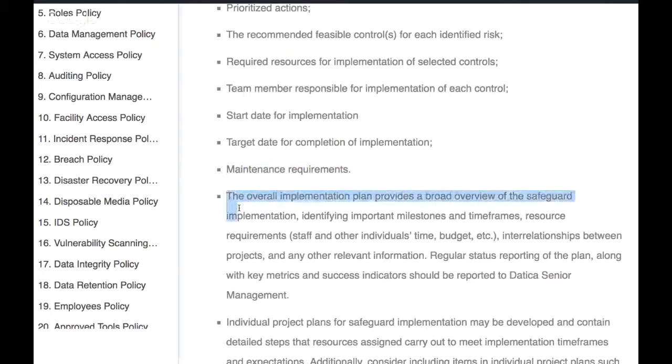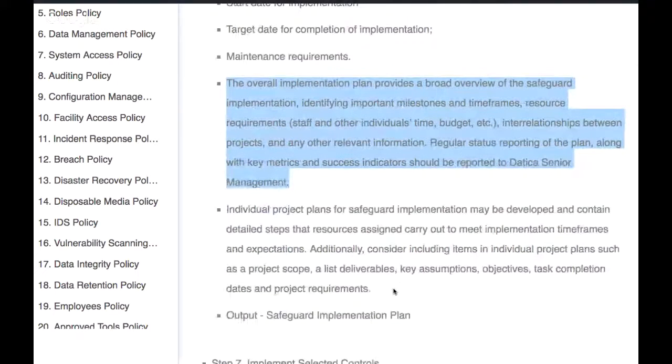The overall implementation plan provides a broad overview of the safeguard implementation, identifying important milestones and timeframes, resource requirements, interrelationships between projects, and any other relevant information. Regular status reporting of the plan, along with key metrics and success indicators, should be reported to Datica senior management.